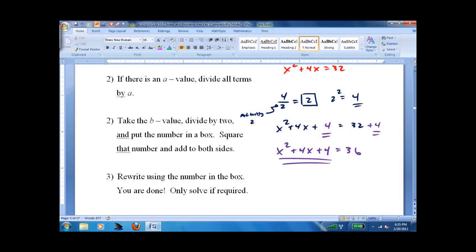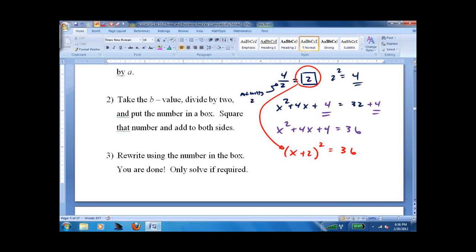We've made a perfect square. That's why they call it completing the square. We completed a square. What is that square? Well, if you're smart, you look at it and say, oh, that's x plus 2 squared. If you're not smart, then you go back to the box and just write that after the x. It's just the plus 2 part. Squared equals 36. Now we're done.